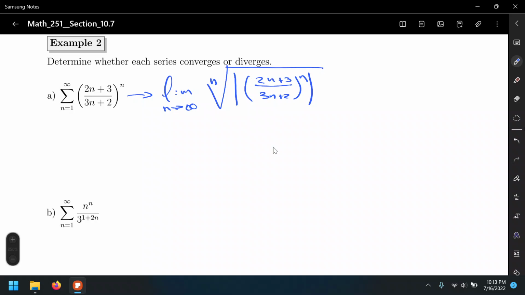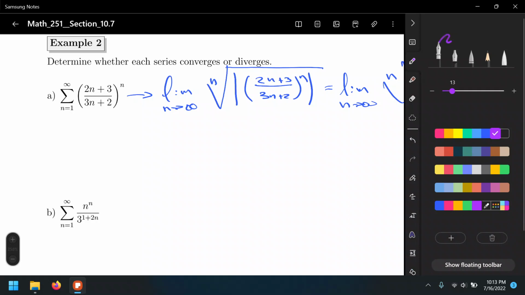Notice we don't have any alternating factors right here, so we can go about the limit without the absolute value bars. So that's 2n plus 3 over 3n plus 2 to the n power.